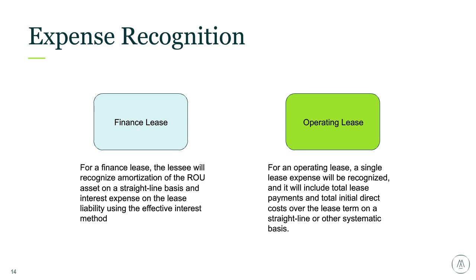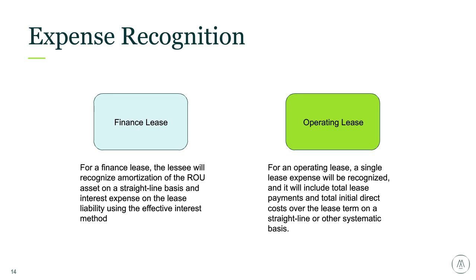Okay, so let's look at the key difference between a financing lease and operating lease and how that's going to impact your financial statements. And it really lies on your income statement with respect to the expense recognition. So for financing leases, the lessee will recognize amortization of the right-of-use asset on a straight-line basis and interest expense on the lease liability using the effective interest method.